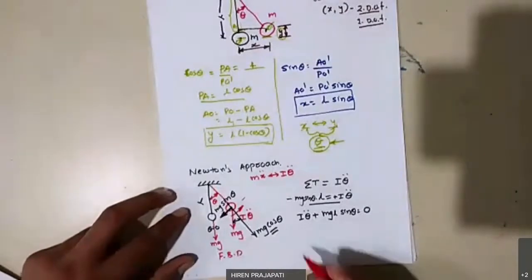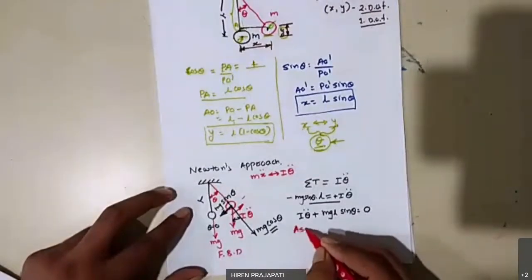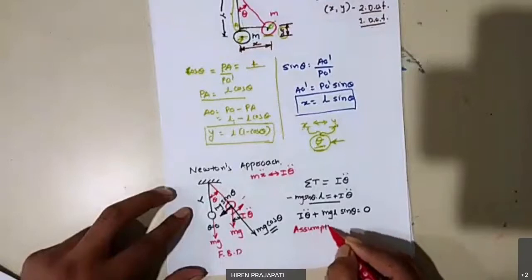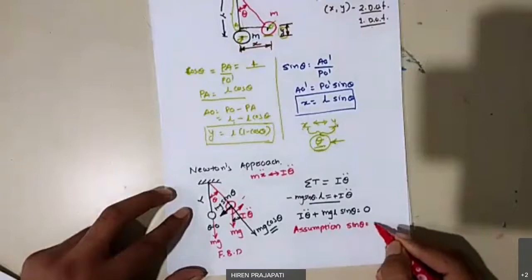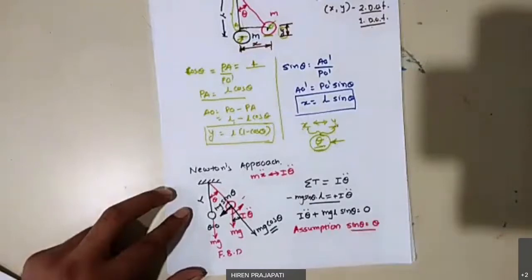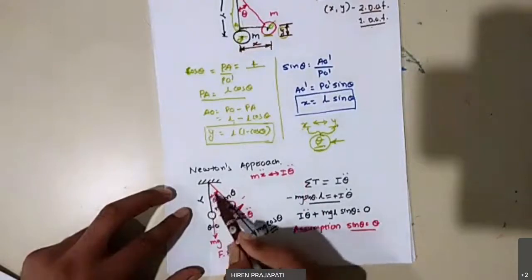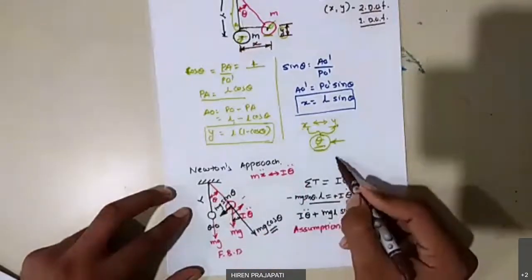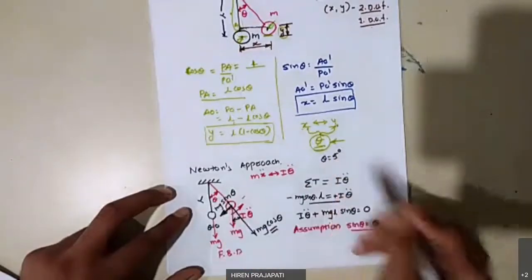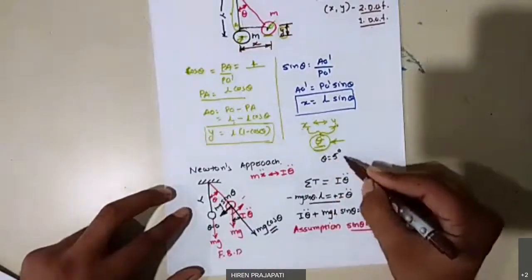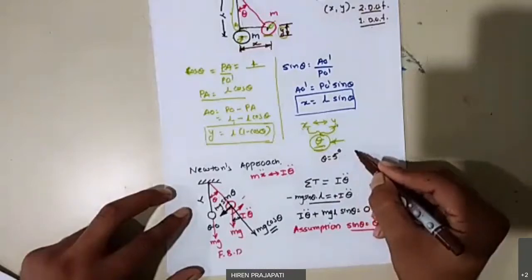Now, here we are taking one assumption. Our assumption is sin theta is equal to theta. Why this assumption? Because we are assuming this theta is very small. For example, suppose the theta deflection is only 5 degrees. Just find out how much value you get.